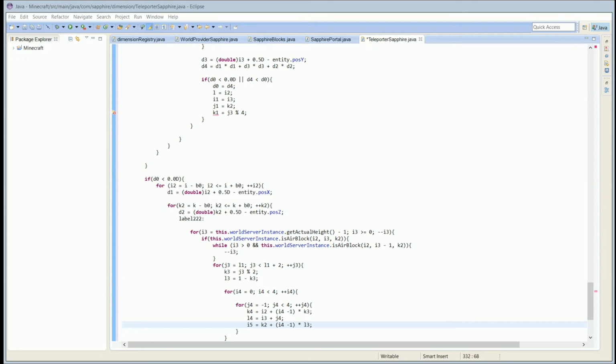We have quite a bit, so I'm only going to go up to here, probably. Alright.